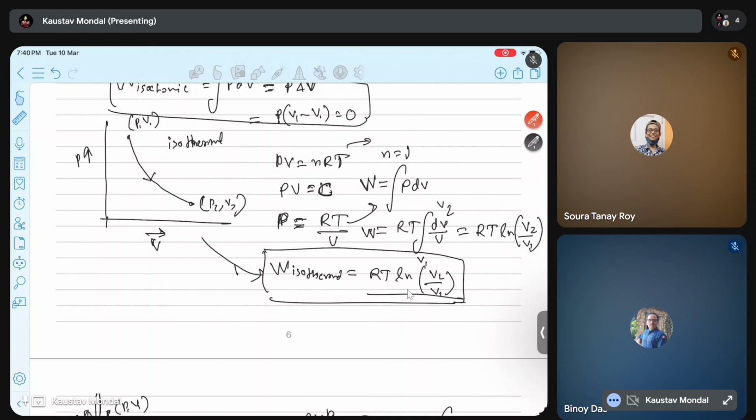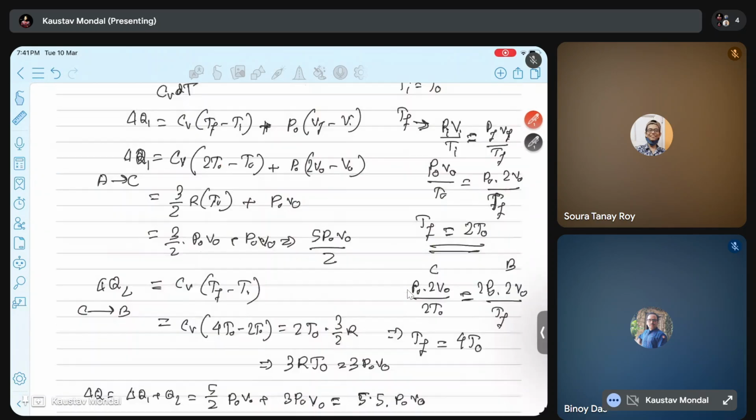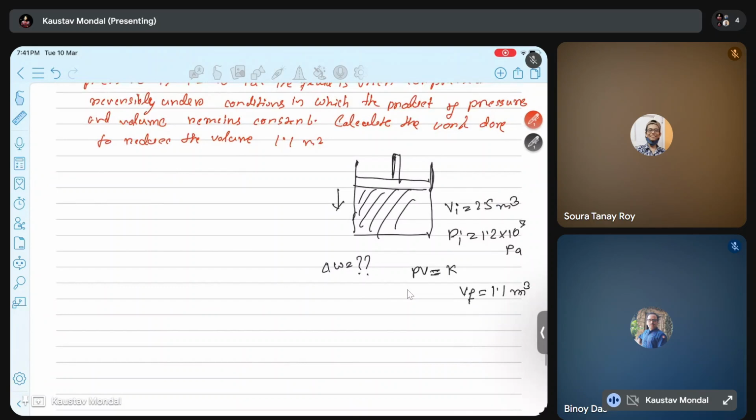Okay, this type of formula I have to use, right? So here the temperature is not mentioned, but that we can calculate, right? Here PV is some constant K. This K you can calculate by putting the initial pressure and volume values.